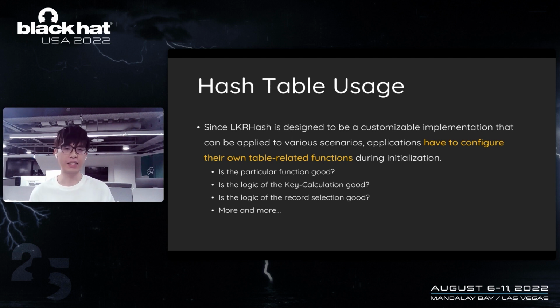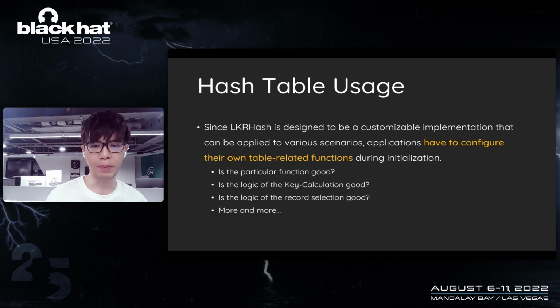When I saw this, I was curious: is the particular function good? Is the key calculation good? Or how does the function select the correct record when a collision happens? These types of questions all interested me. So in this context, we care more about the relationship between the record, the keys, and the function.